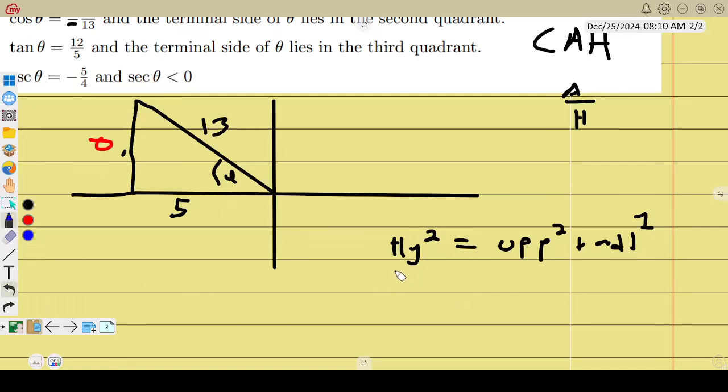So the hypotenuse is 13. So we'll say 13 squared is equal to opposite, we don't know. We can put x, or we can just write O. Yeah, you can do anything. So plus adjacent, it's 5 squared.